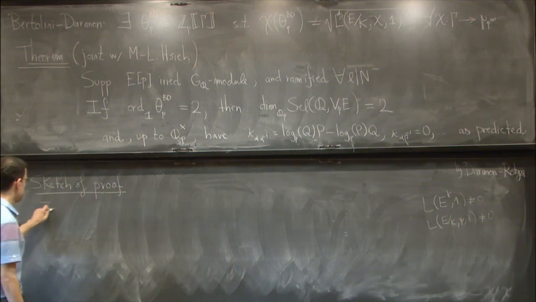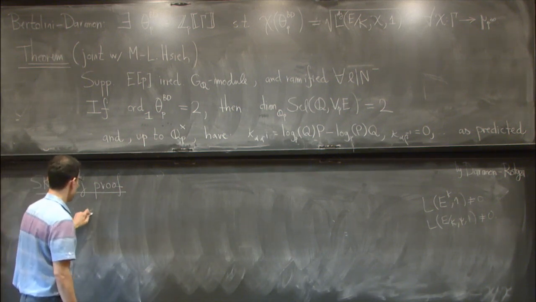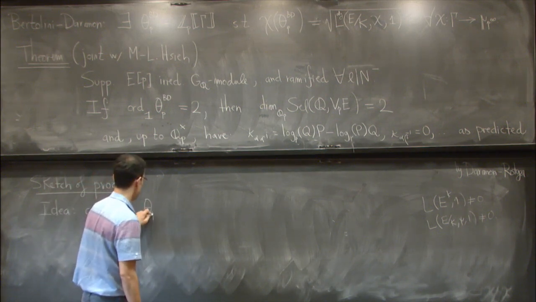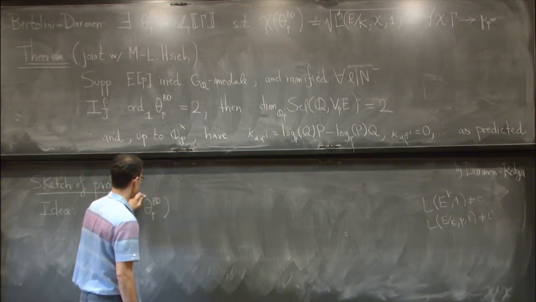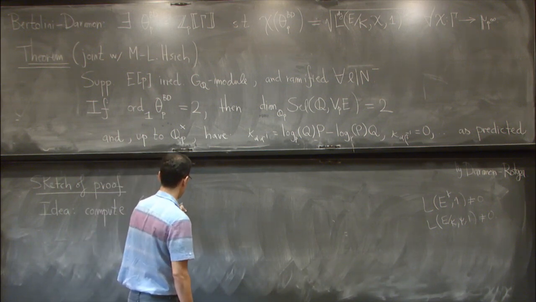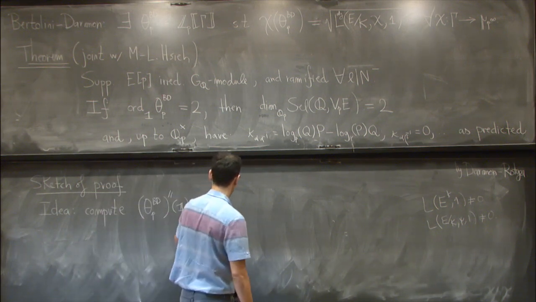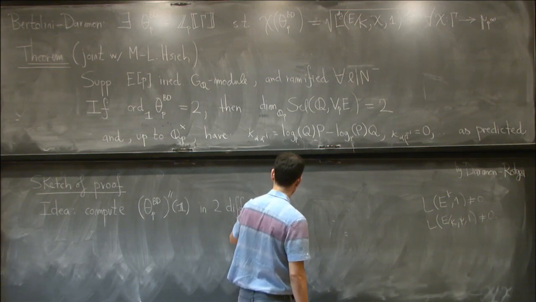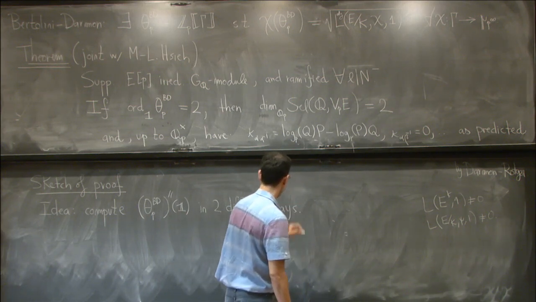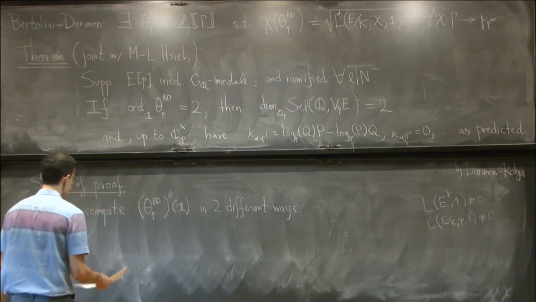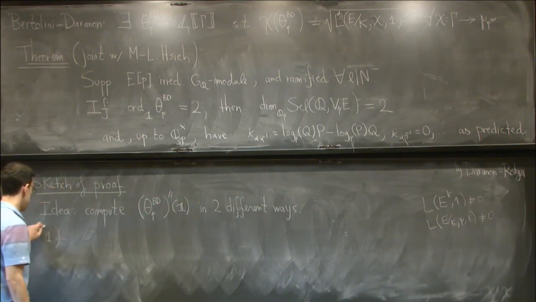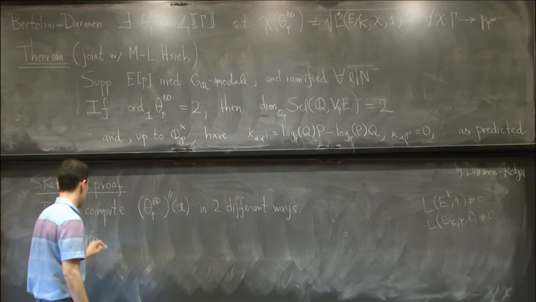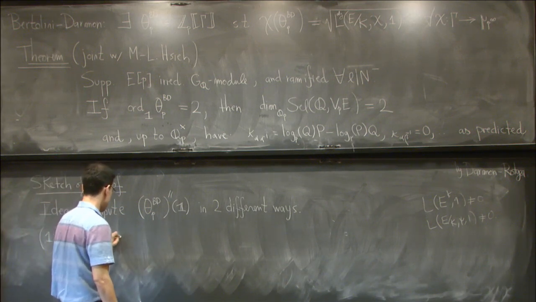So the idea is to compute this second derivative at 1 in 2 different ways. The first one will be a consequence of the main conjecture, using the anticyclotomic main conjecture.